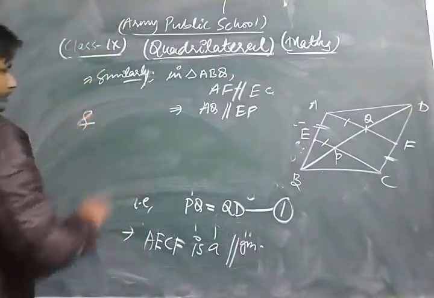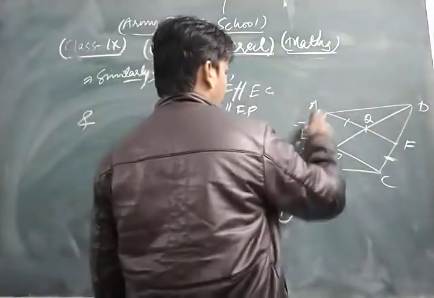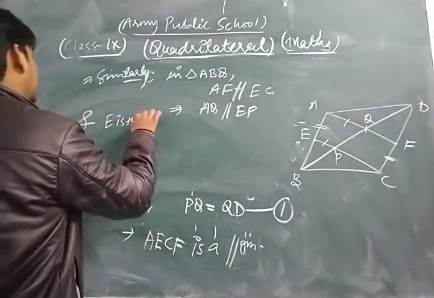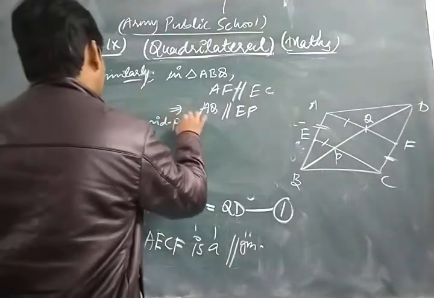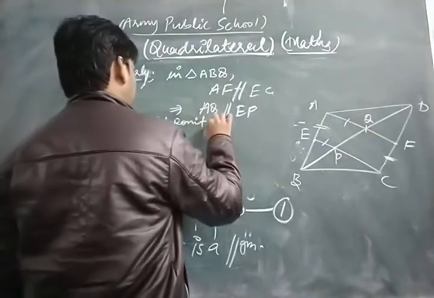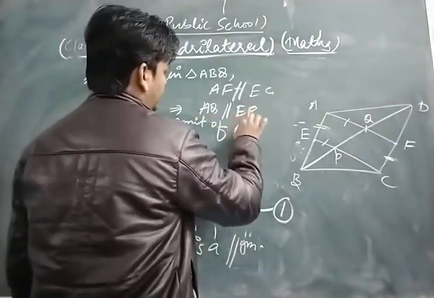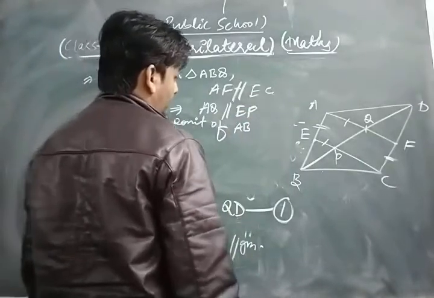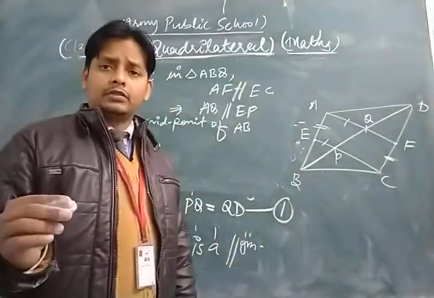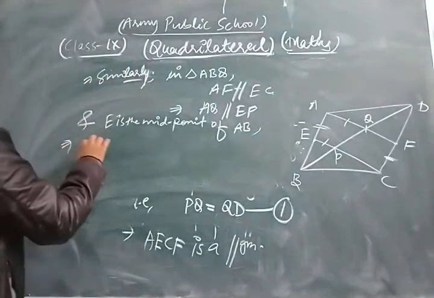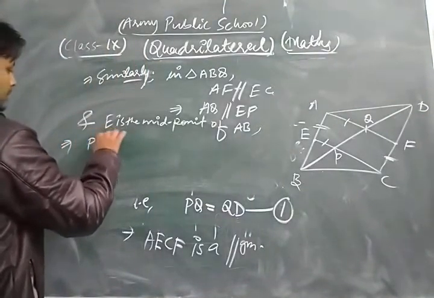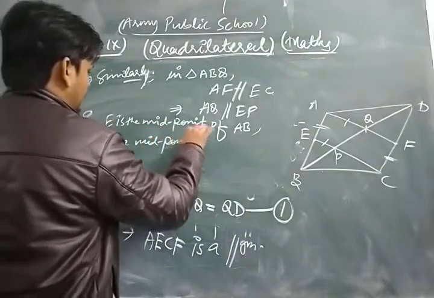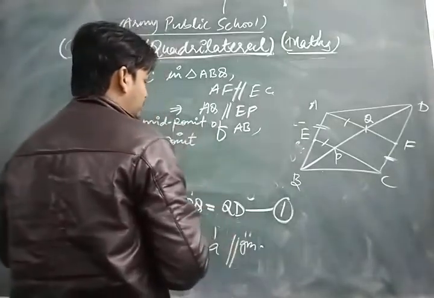And E is the midpoint of AB. Then again, by the converse of the midpoint theorem, P is the midpoint of BQ.